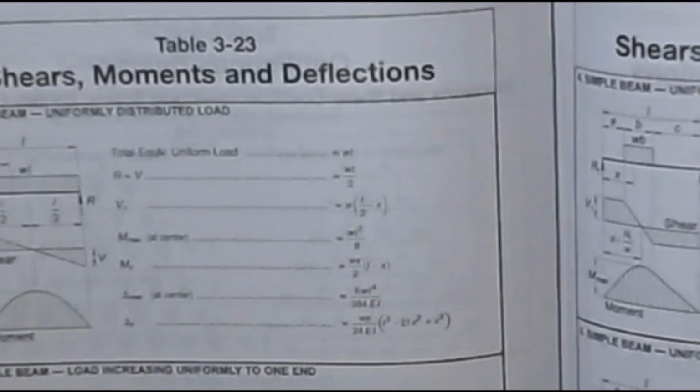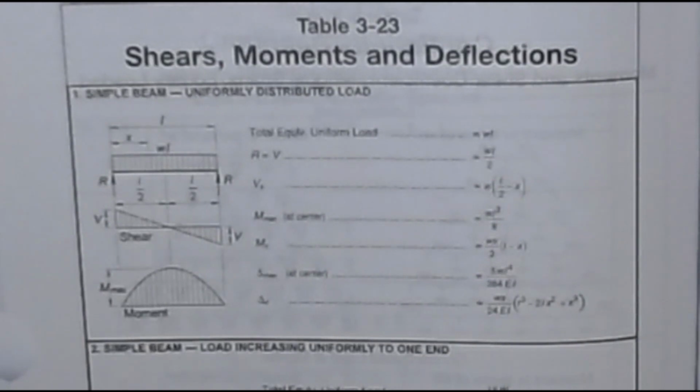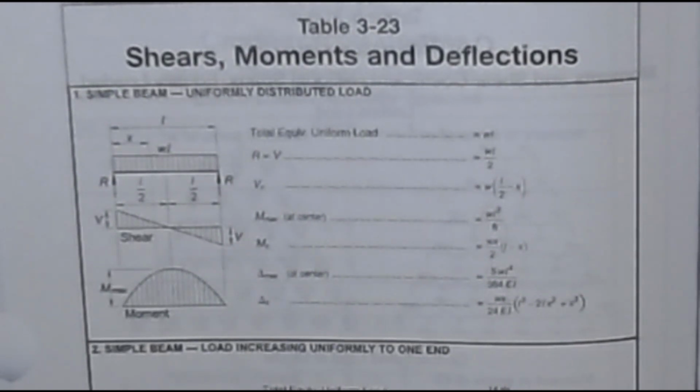There's page upon page of these simple cases, and if you remember from your structures or your statics classes, coming up with the equations to draw shear moment diagrams, or to calculate deflections, or find support reactions, or determine the location of the maximum displacement.